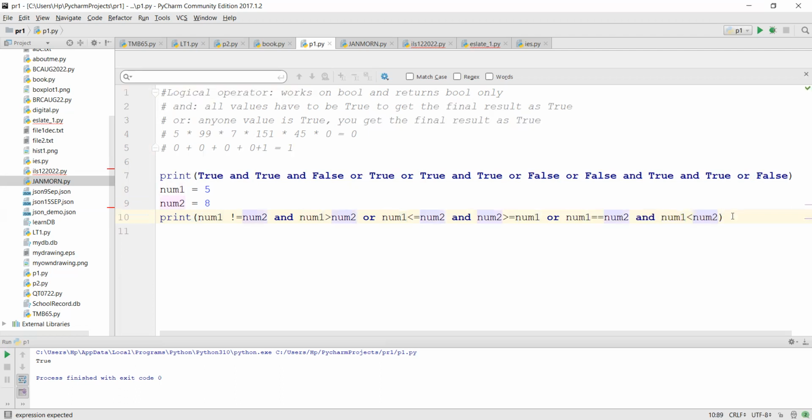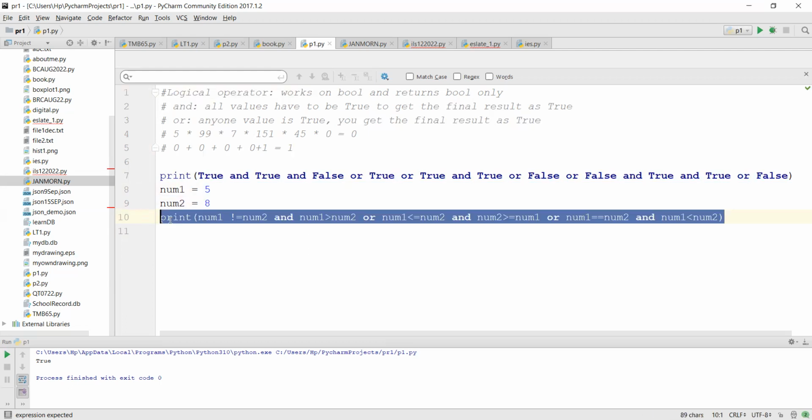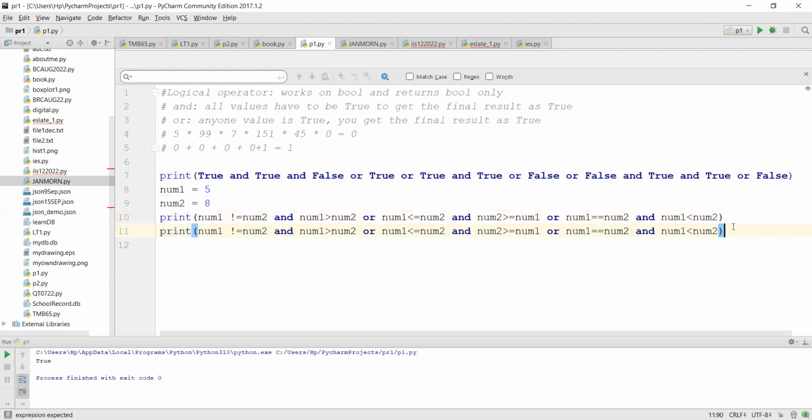What do you think this is going to be? I'll give you a few seconds to think and then we'll solve it.